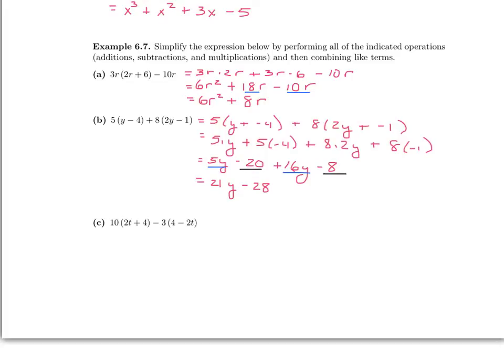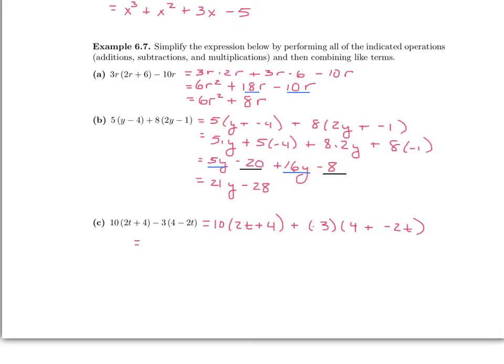In a problem like this, where you are subtracting a complicated quantity, I highly recommend changing this subtraction into an addition symbol. So in this case, we will have 10 times 2t plus 4, plus a negative 3 times 4 plus a negative 2t.